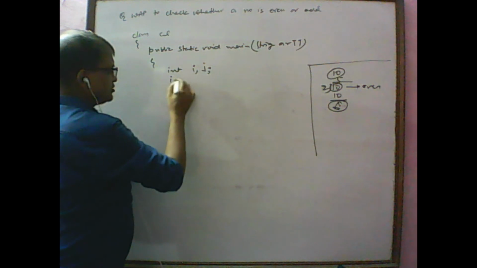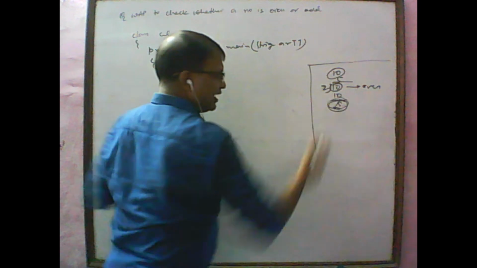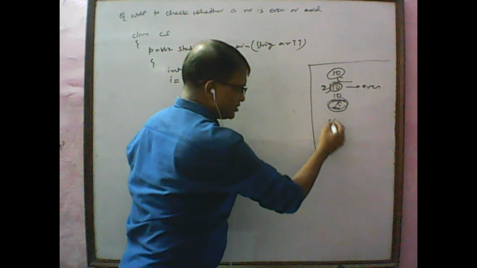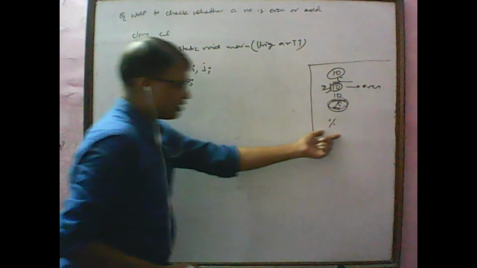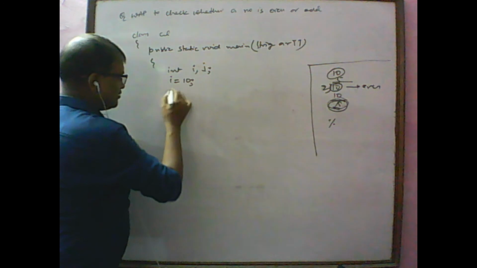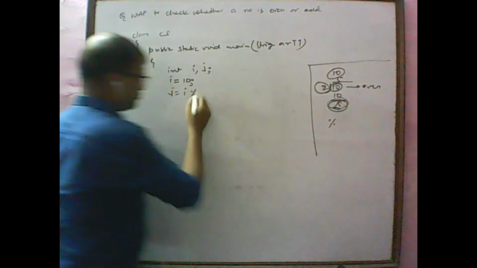Now suppose I equal to 10. First of all, you have to get the remainder, and how do you get the remainder in programming? You get the remainder by using this modulus sign. By using this sign, you get the remainder. So, J equal to I modulus 2.